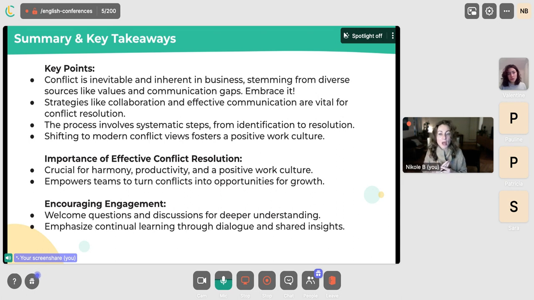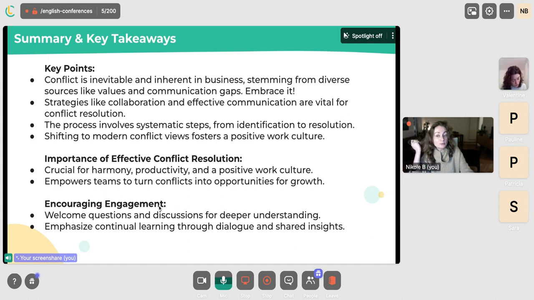Think about it as an opportunity to create better solutions. The importance of effective conflict resolution: it's crucial for harmony, for productivity, for positive work culture. It helps empower your teams to turn conflicts into opportunities for growth.